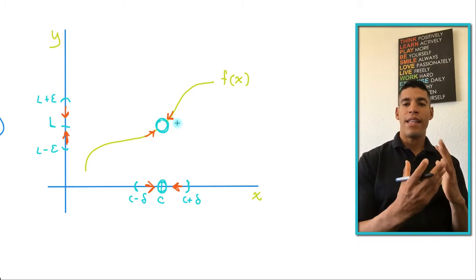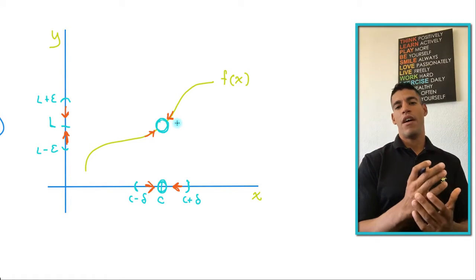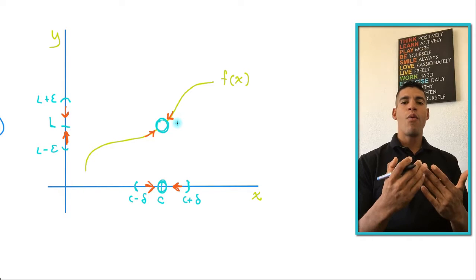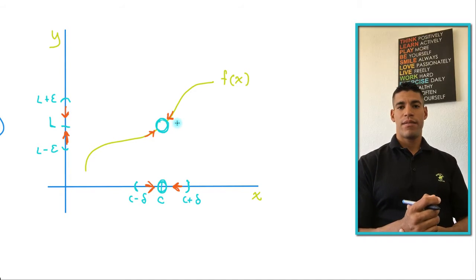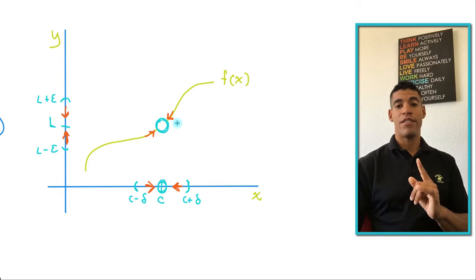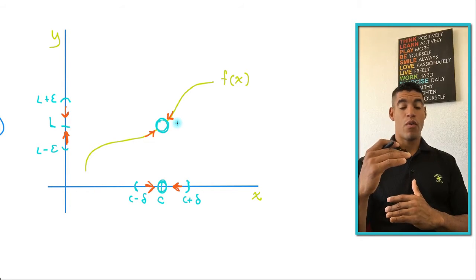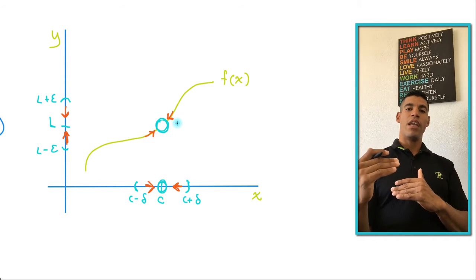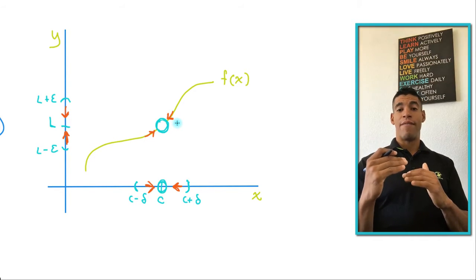Okay? And that's the definition of limits. Now, when would a limit not exist? When the function is discontinuous, or has a jump discontinuity at that value.